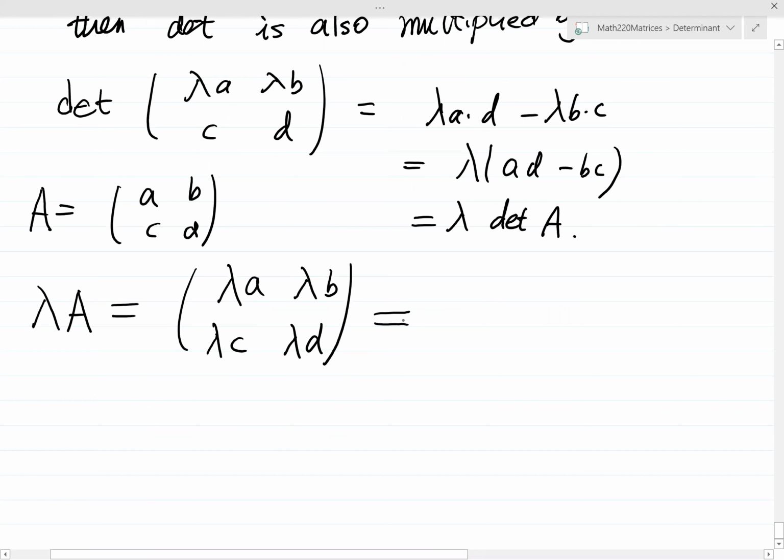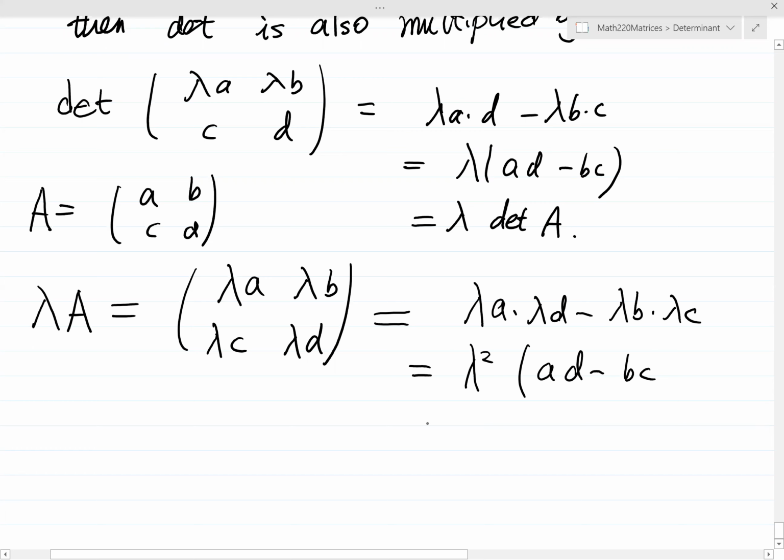So the volume will change by lambda cubed if it's three-dimensional. If it's two-dimensional, it will change by lambda squared. For the 2x2 determinant, you see this will be lambda A times lambda D minus lambda B times lambda C. So this will be lambda squared times AD minus BC, which is lambda squared times the determinant of A.